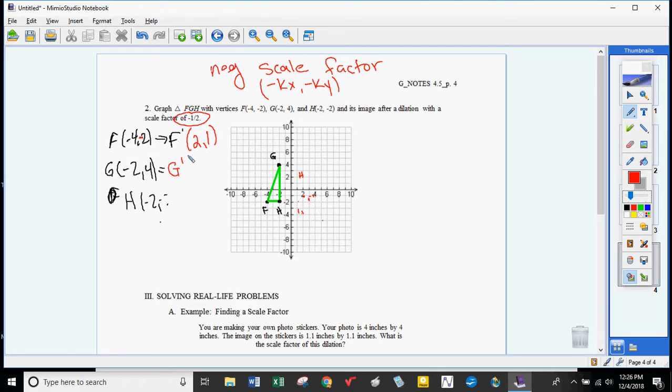G prime will be 1, negative 2, and H prime, when I multiply each of these by negative 1/2, becomes a positive 1, 1. So positive 1, 1, positive 2, positive 1. So H prime, F prime, and G prime.